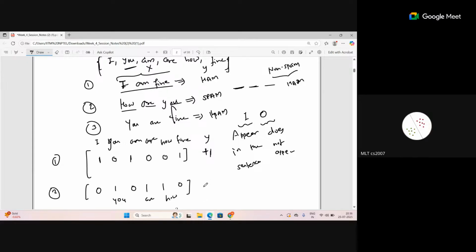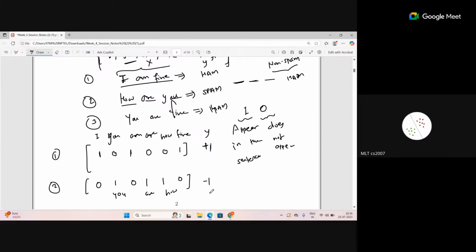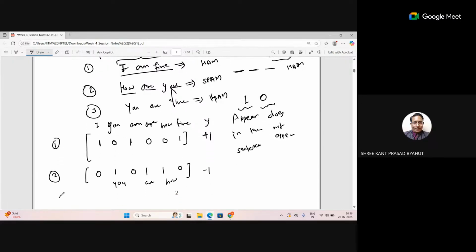The corresponding label will be minus one, and plus one. Similarly, I can write for I am fine: 1, 0, 1, 0, 1, 0, and that is plus one. Is that okay?